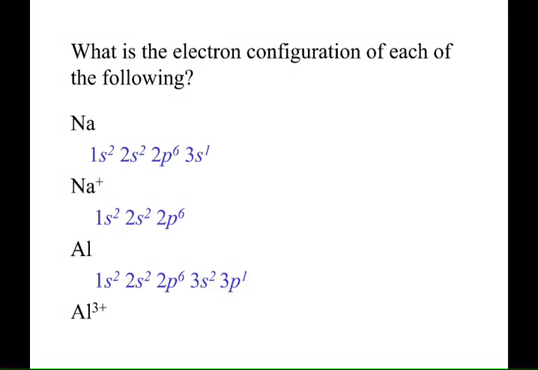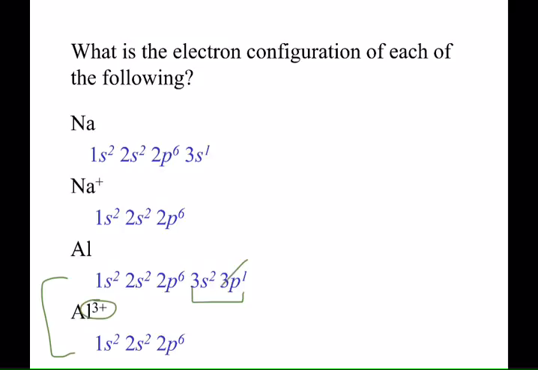So when aluminum forms a +3 charge, it has lost 3 electrons, and the 3 electrons it lost were those 3 electrons in 3s2 and 3p1. Okay, so does that make sense? The only difference between these two, a +3 charge, and these are the 3 electrons that went away.